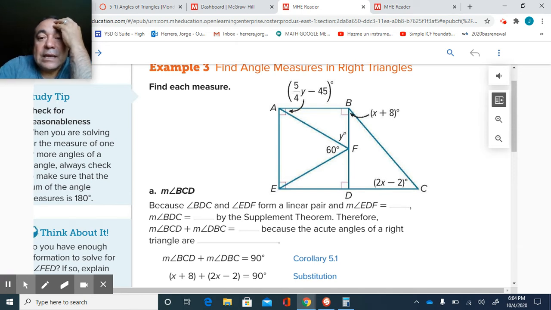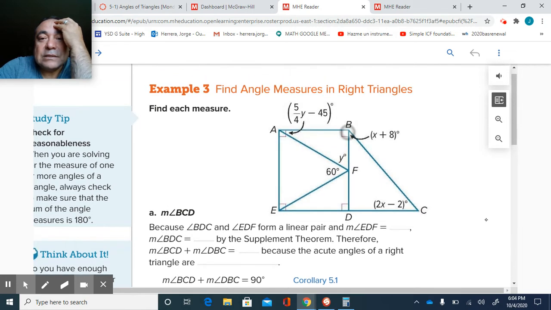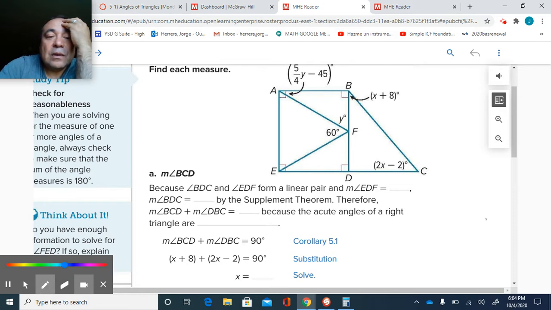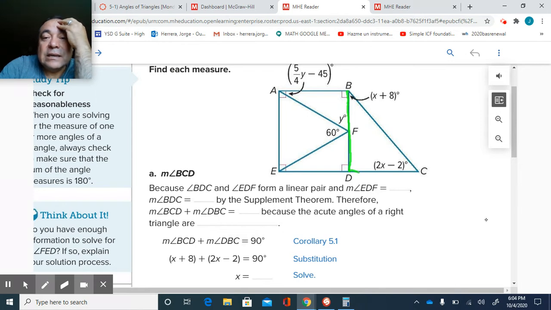So we talk about this angle, B, D, and C, and E, D, and F. Right here, this right here as well.